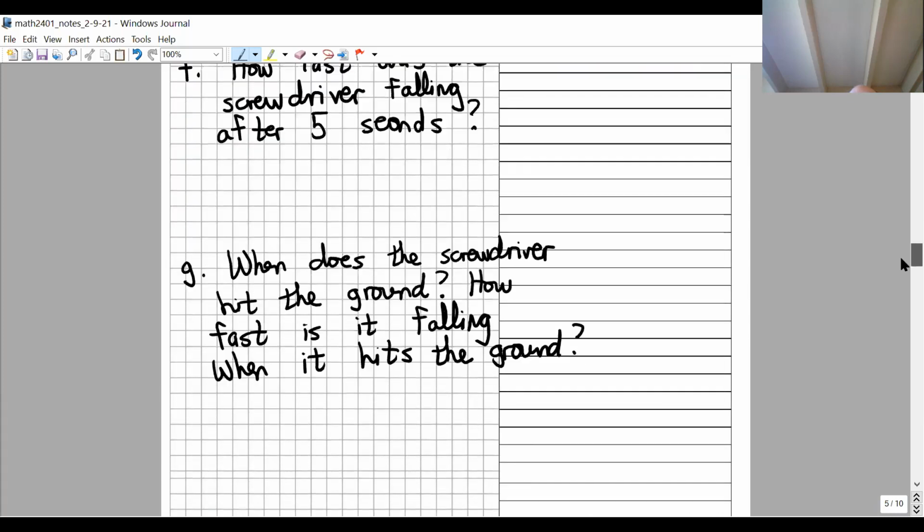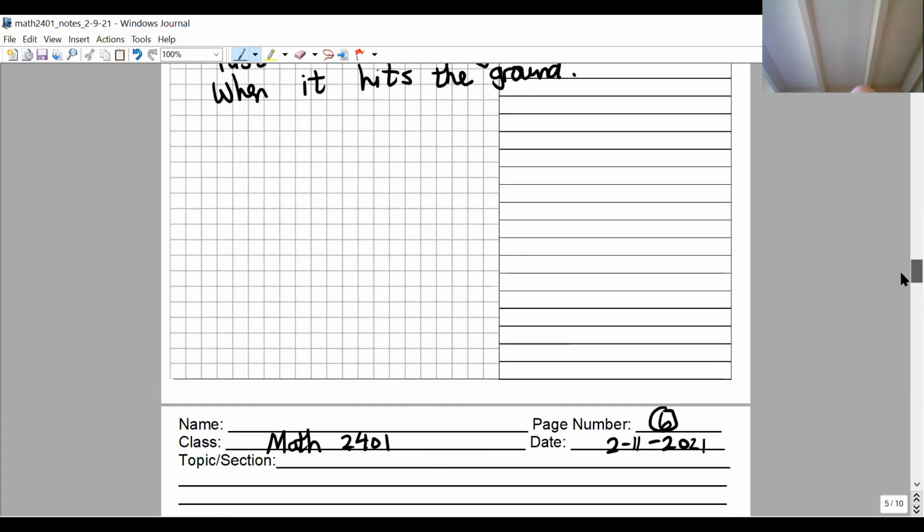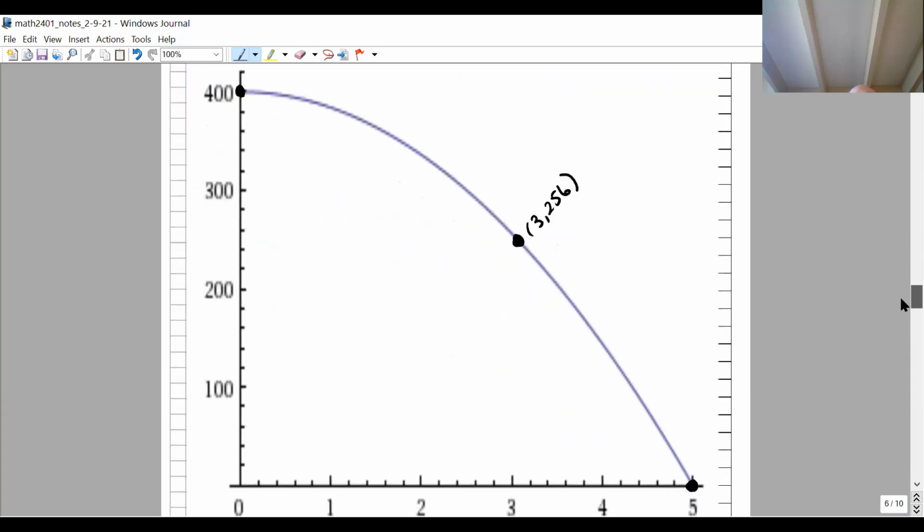Here's actually the picture of this, the graph of this function. This is not the path of the screwdriver, by the way, because the screwdriver is falling straight down. Okay, so the screwdriver starts at 400 feet and drops straight down. But this is the graph of that function, 400 minus 16 x squared.